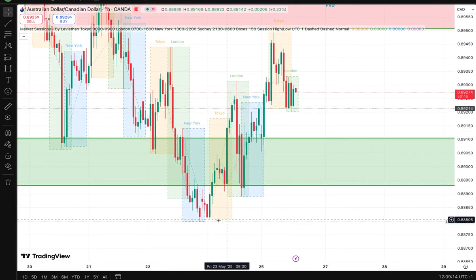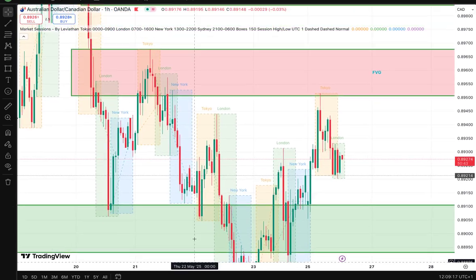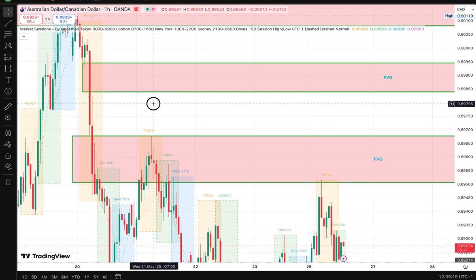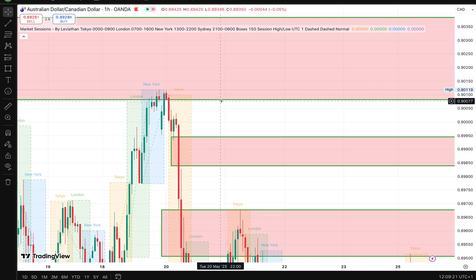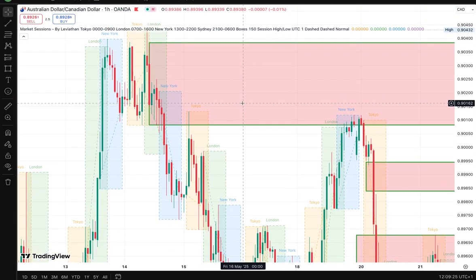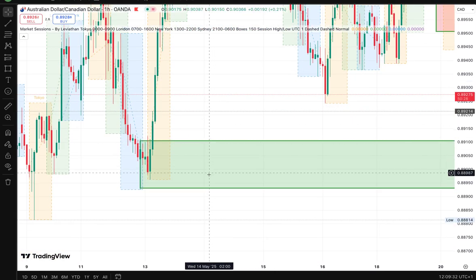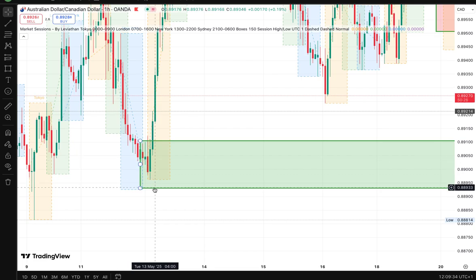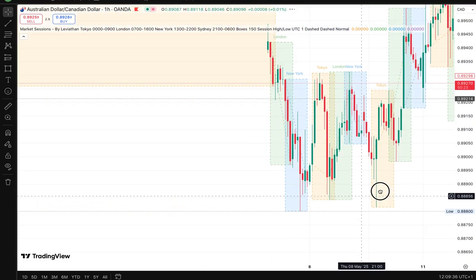Now 1 hour candle. This one, no. This one, no. This one, almost. This one, no. Which other one again? Almost.